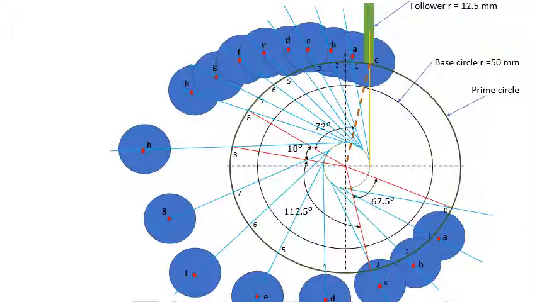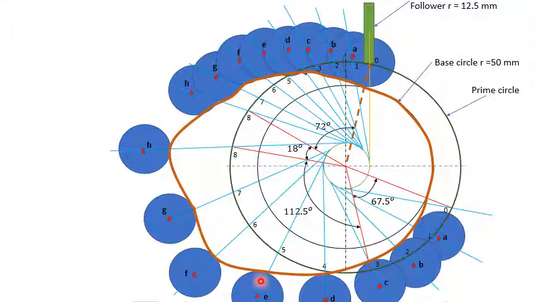So now we have to draw the cam profile. Tangent to the circles, that is the roller follower, draw a smooth curve like this. This dark line represents the cam profile, and this is the direction of rotation of the cam.